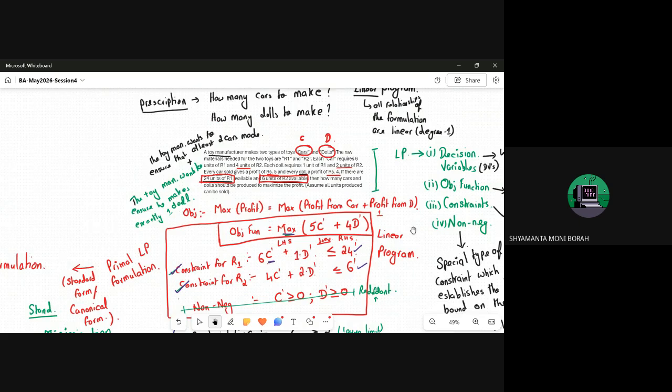So our objective function is made on the basis of that. Beautiful. Any formulation which directly answers the question is the primal formulation. Our question was to maximize my profit: how many cars I should make, how many dolls I should make. Since my first formulation in red directly uses those as decision variables, that is my primal.